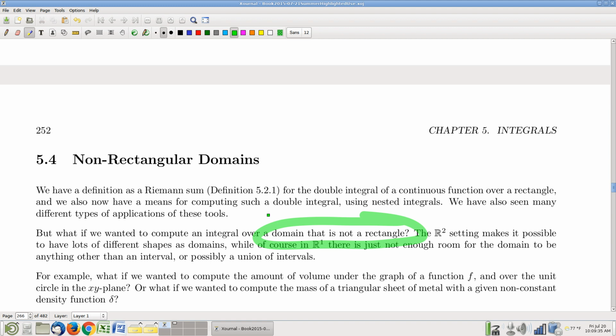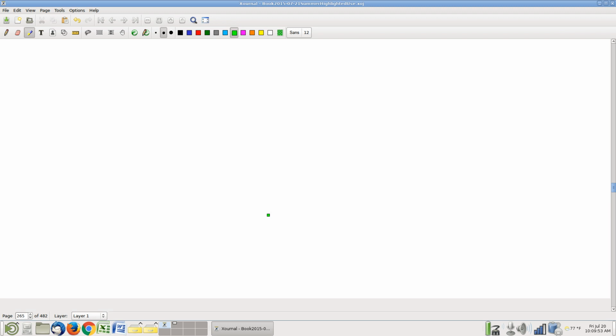Here's the good news. We're not going to. It's tedium, and it's not necessary. It's not particularly illuminating to get into the details of how you define an integral on a shape that's not a rectangle. I'm just going to point out that the intuition is the same.